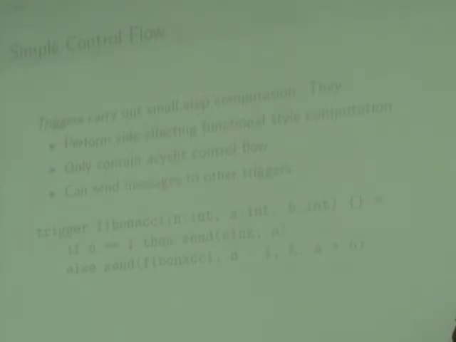It does not return a value, so it can be executed asynchronously without the caller blocking. It doesn't contain any cyclic control flow. That is, we restrict it to not have higher order functions or recursion in the body of a trigger. The slightly more complex control flow is handled through message passing.